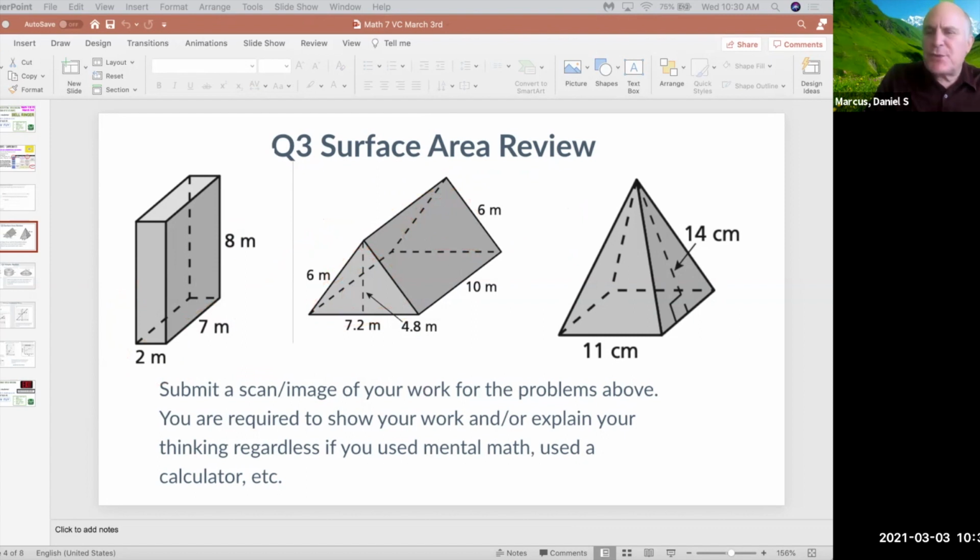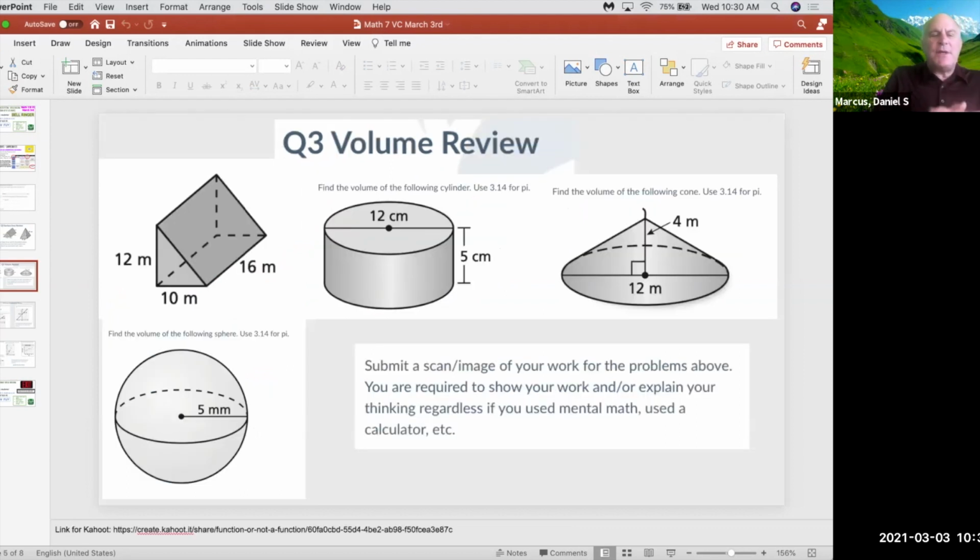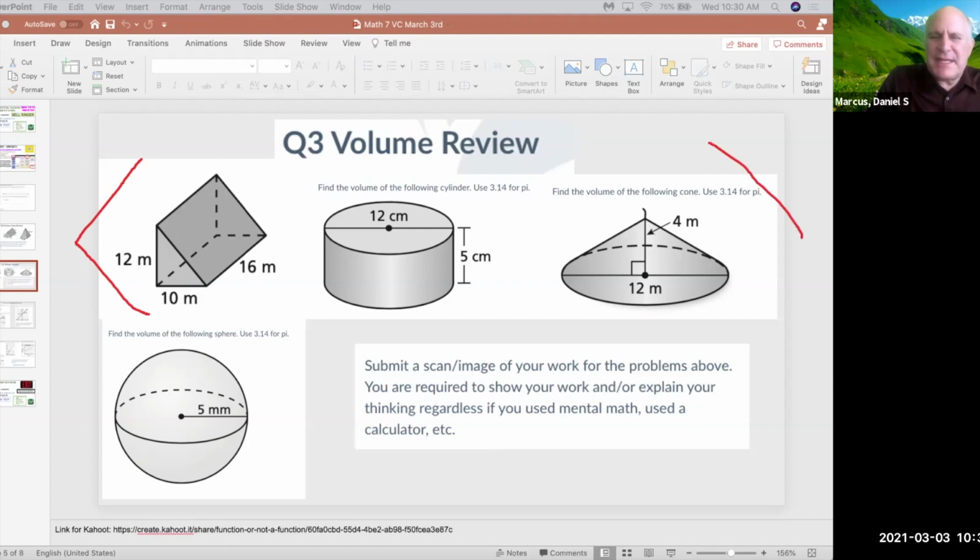Okay, your next review, you do have to use formulas. So here's what I want you to do in the chat. Let me label these so you can label the answer in the chat. I want you to give me the generic formula that works for all 3 of these.